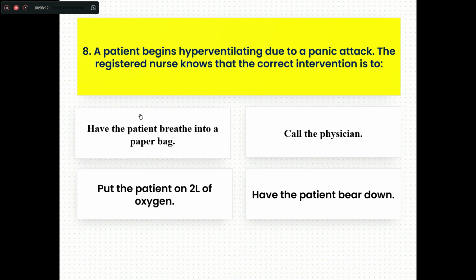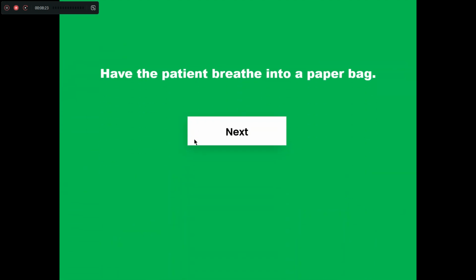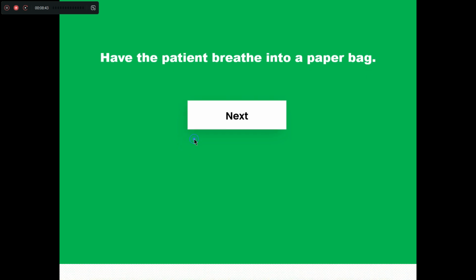You know very well, the patient is hyperventilating due to panic attack, and in that condition, the nurse has to instruct the patient to use option A, the paper bag for breathing. While using the paper bag, the patient exhales the air and inhales the same air which contains less amount of oxygen, that helps to minimize the hyperventilation symptoms.